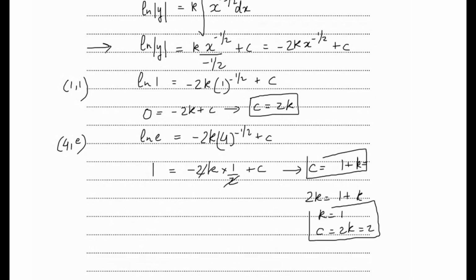So once you have the values of c and k, we replace them in our original equation. So log mod y is equal to negative 2, since k has a value of 1, so just 2 x to the power of minus half plus c, which is plus 2.